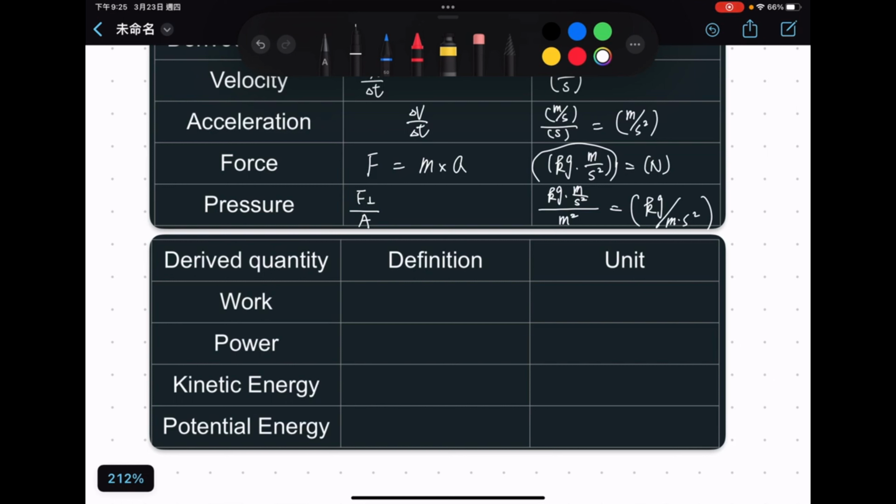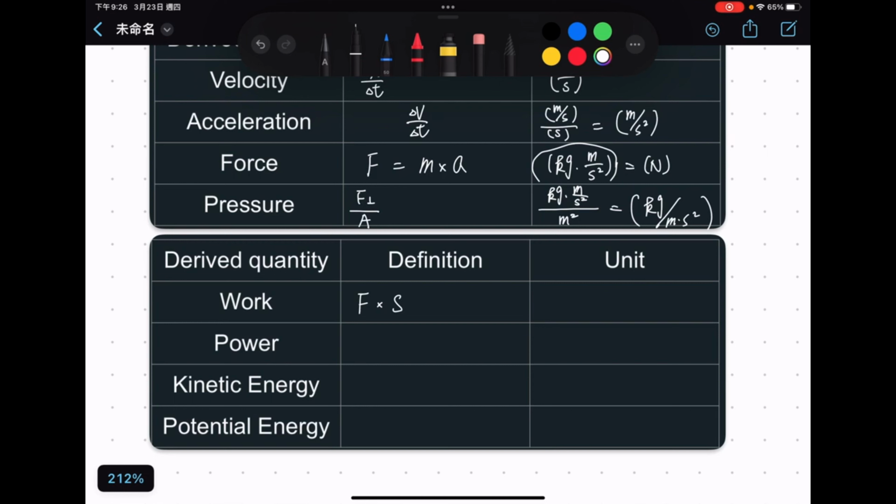But you haven't learned the dot product, so we will use a simple way to tell you: the work is the product of force times displacement, where the displacement is along the direction of the force.